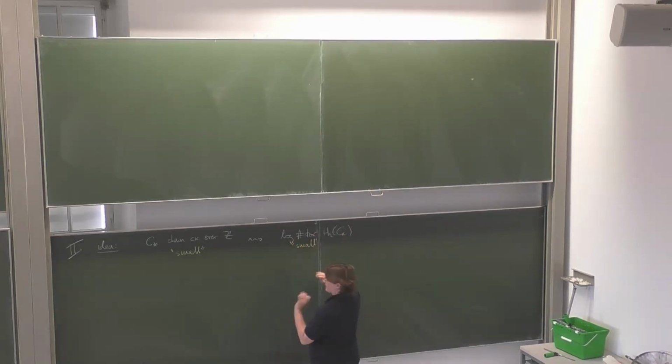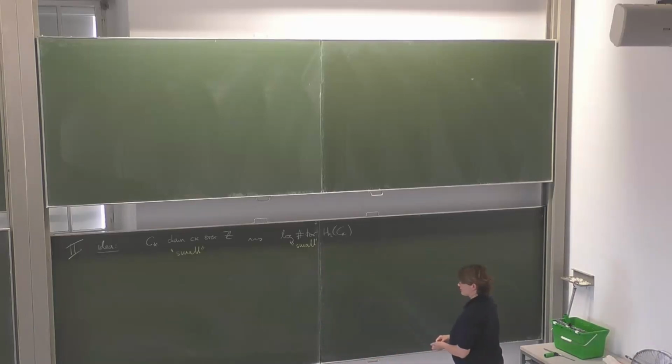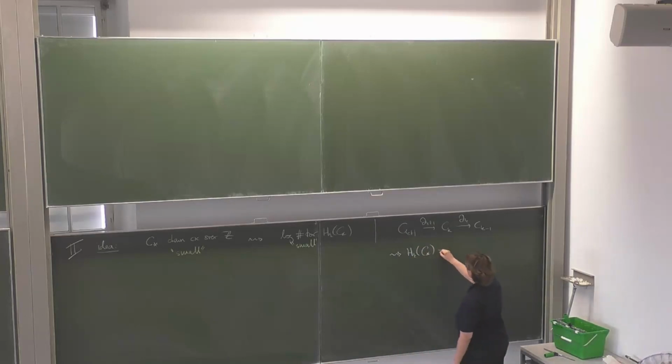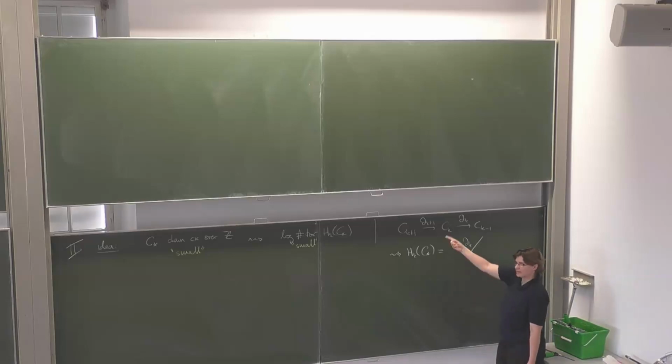Something like this should be true, but maybe we have to be a little bit careful. So let's have a quick look. If you look at your chain complex, then of course the kth homology, we all know what it is, but let me write it down anyway. It's the kernel of dk modulo the image of dk plus 1.